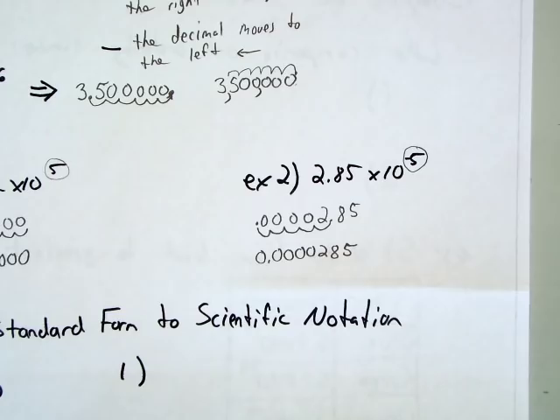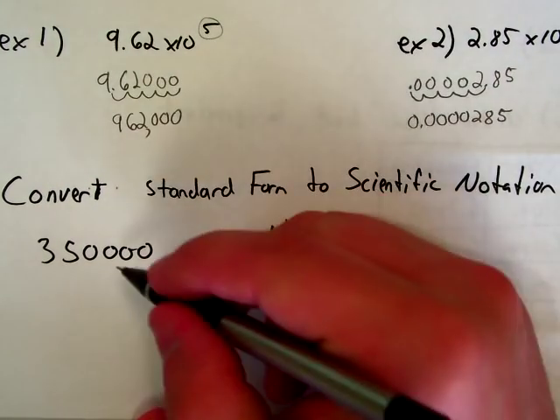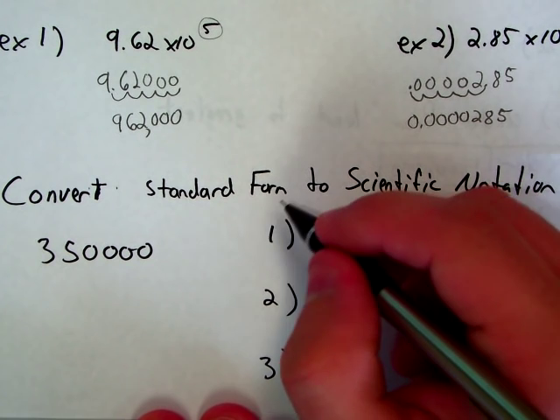Now, converting standard form to scientific notation is a little bit more tricky because it works kind of in the opposite direction of what we would think. So, there's a couple steps.